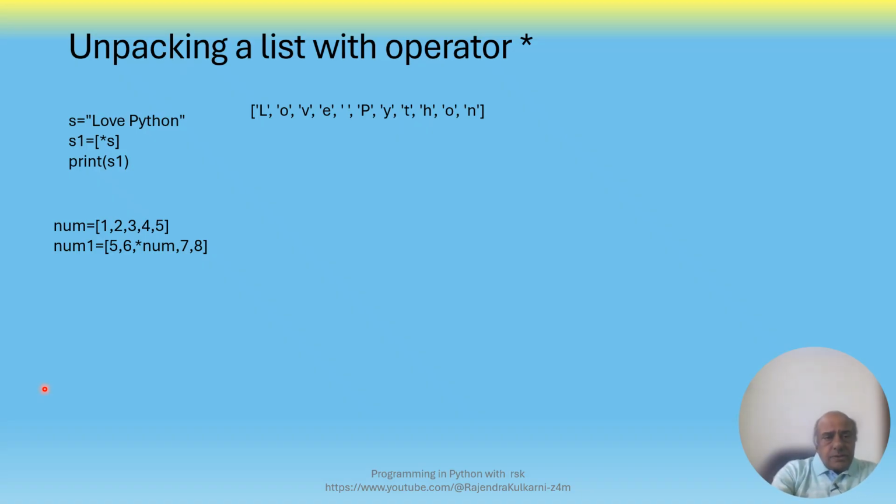Then we embed num with contents 1, 2, 3, 4, 5 into another list num1, but unpacked.